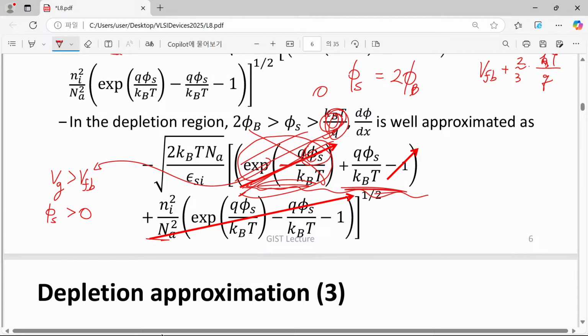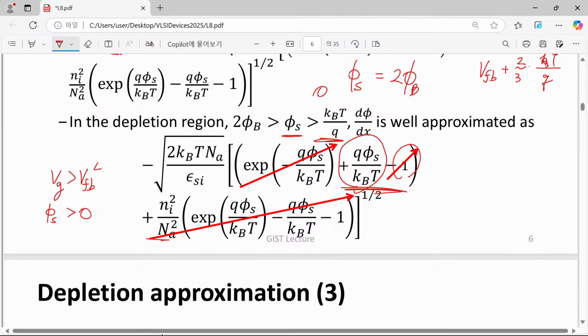But since we have assumed that surface potential is way higher than thermal voltage, when we make a comparison between this one and that one, of course it is higher than number 1, so we can neglect it. Well, let's say phi s equal to just 2 times kBT over Q. Then can we neglect minus 1?